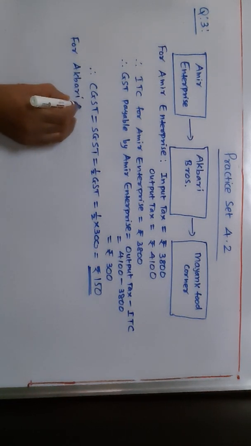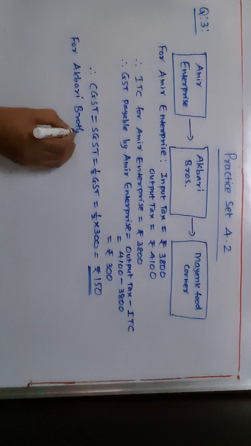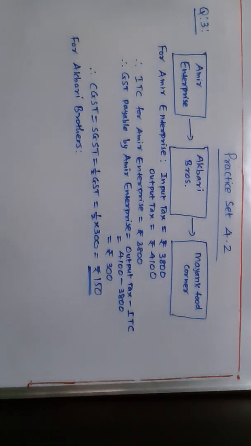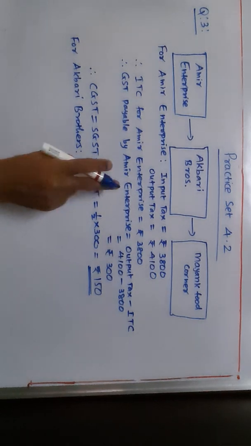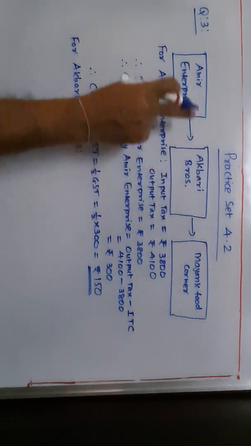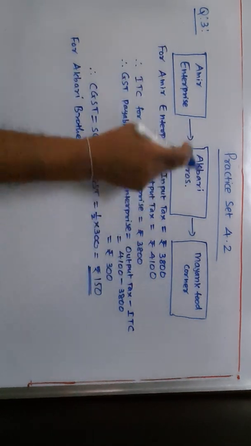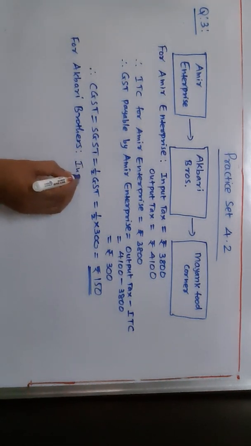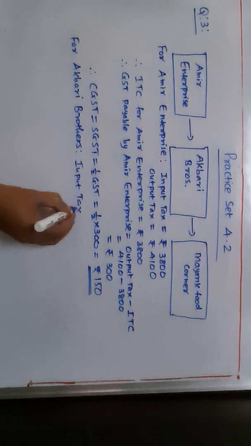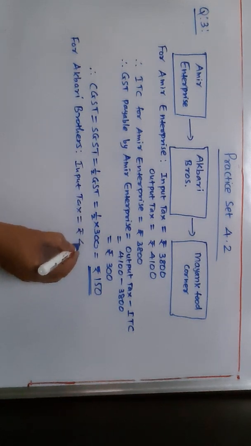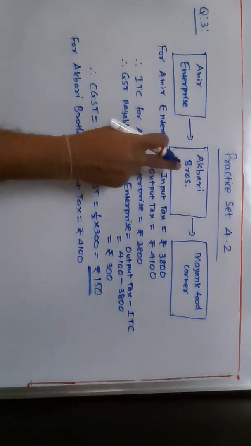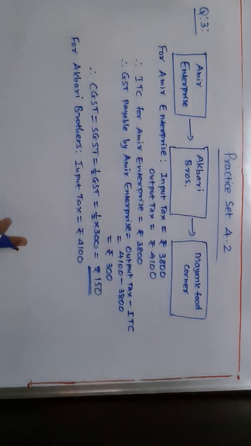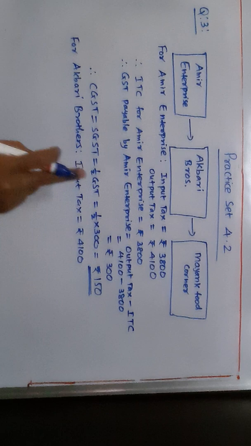Okay, for Akbari Brothers we are doing it now. What is the input tax? At the time of purchase, Akbari Brothers paid 4,100 rupees to Amir Enterprise. So that is called the input tax for Akbari Brothers, equal to rupees 4,100. When they sold these chocolate sauce bottles to Mayank Food Corner, they took 4,500 rupees from Mayank Food Corner.